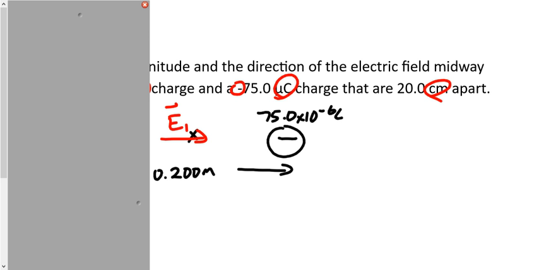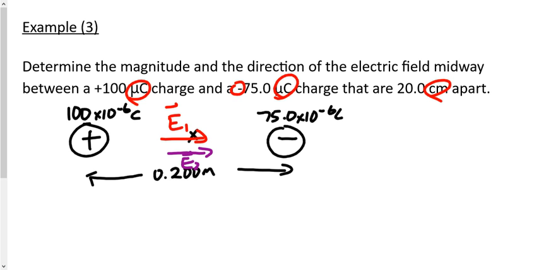Which way does the field point caused by this negative particle? It's to the right. The field points away from the positive, that would be the red one. The field points toward the negative, that would be the purple one.